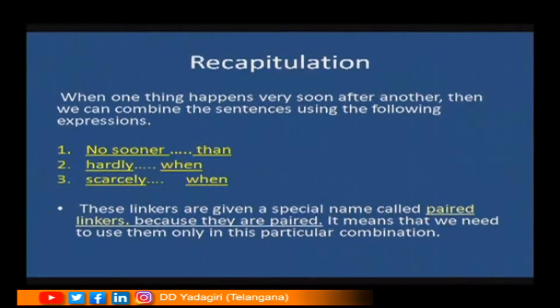When one thing happens very soon after another, then we can combine the sentences using the following expressions: no sooner than, hardly when, scarcely when. These linkers are given a special name called pair linkers because they are paired. It means that we need to use them only in this particular combination.